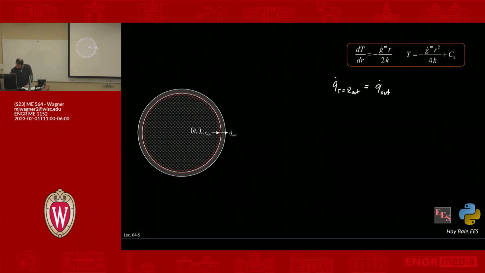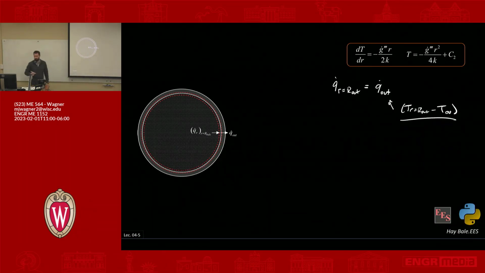So what would my expression be for q dot out? Well, q dot out would be something like T at r equals r out minus T infinity divided by the total resistance, which I said we had. If you go back to the problem statement, you'll see we have conduction across this plastic and then convection.